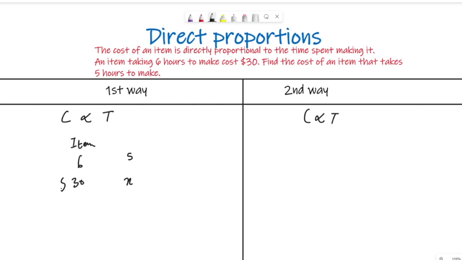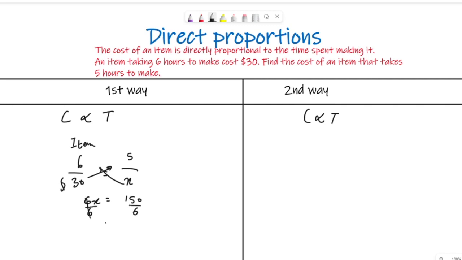This one costs $30. So what we can do is convert these values into fractions, and they are actually equivalent fractions. Here we can do cross multiplication. So 30 will go with 5, x will go with 6. So 6x is equal to 150. Now divide both sides by 6.